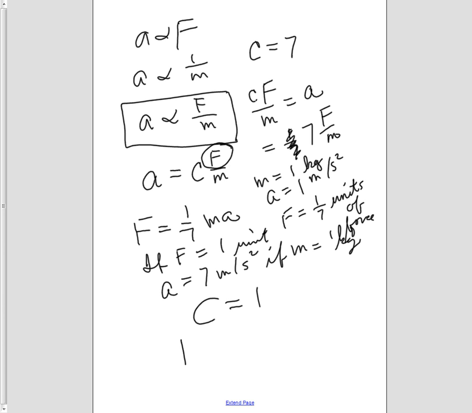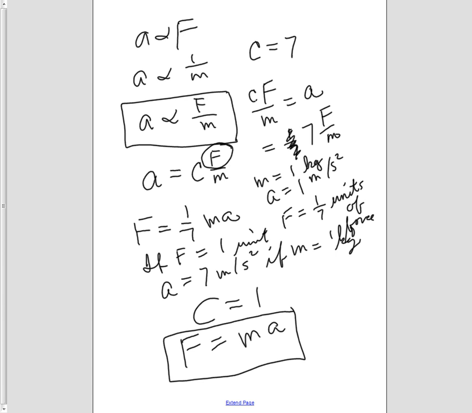C equals 1, F equals ma. That's Newton's second law. And what a unit of force is, if you exert 1 unit of force on a 1 kilogram object, it has an acceleration of 1 meter per second squared.